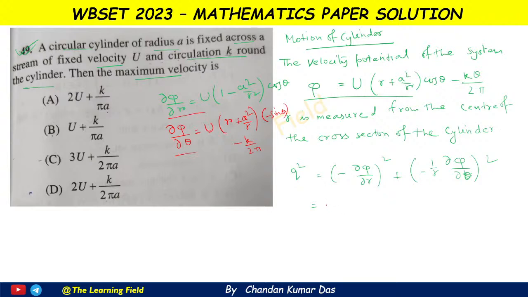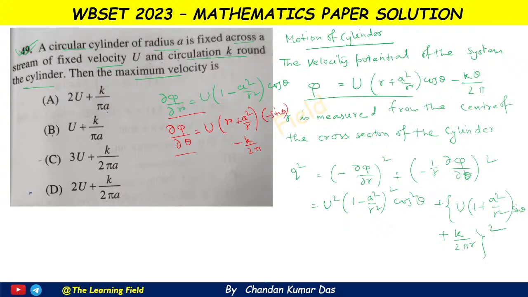So del phi del r whole square is equal to U square into 1 minus a square by r square whole square into cos square theta, plus U into 1 plus a square by r square into sin theta plus k by 2 pi r, this term whole square.